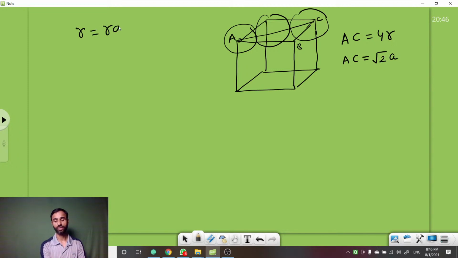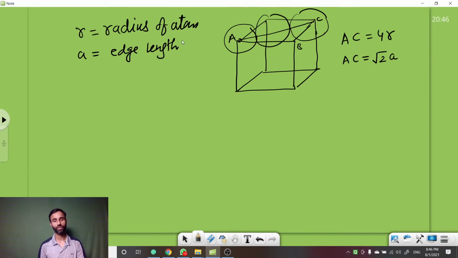r is the radius of the atom and a is the edge length. So 4r equals root 2 a.